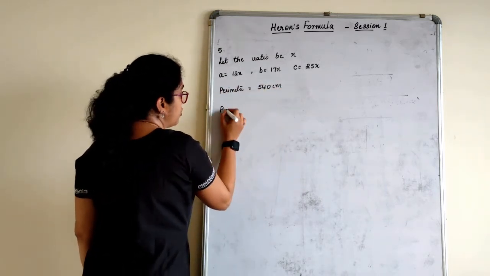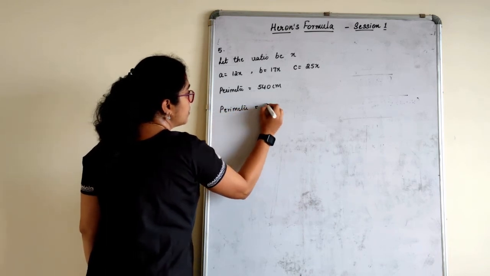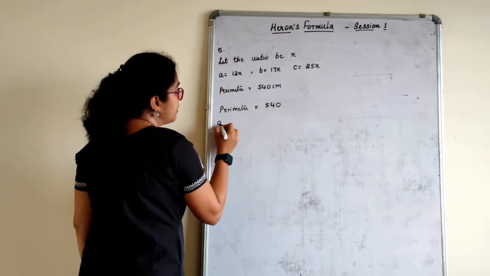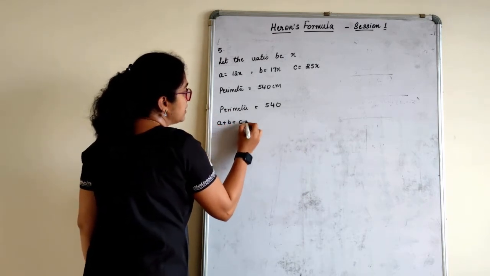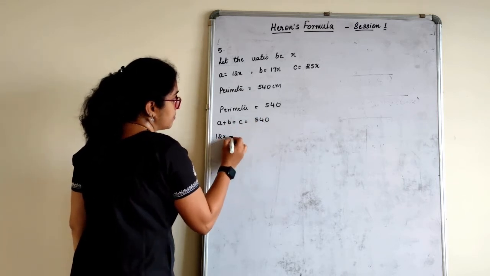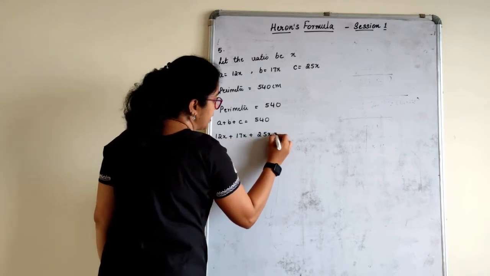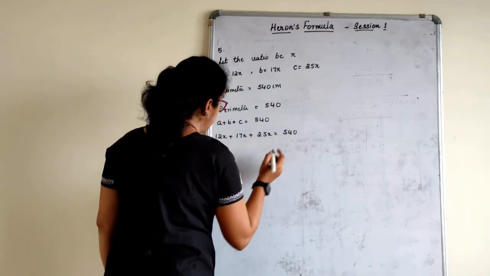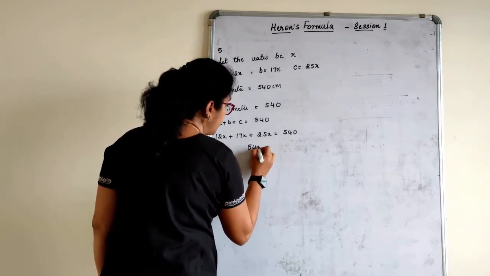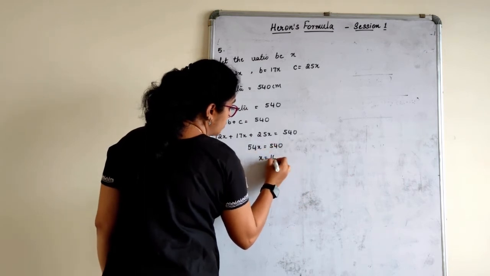First, we'll find the value of x. Perimeter is nothing but A plus B plus C is equal to 540. 12x plus 17x plus 25x is equal to 540. 12 plus 17 plus 25 will give you 54x is equal to 540. X is equal to 10.